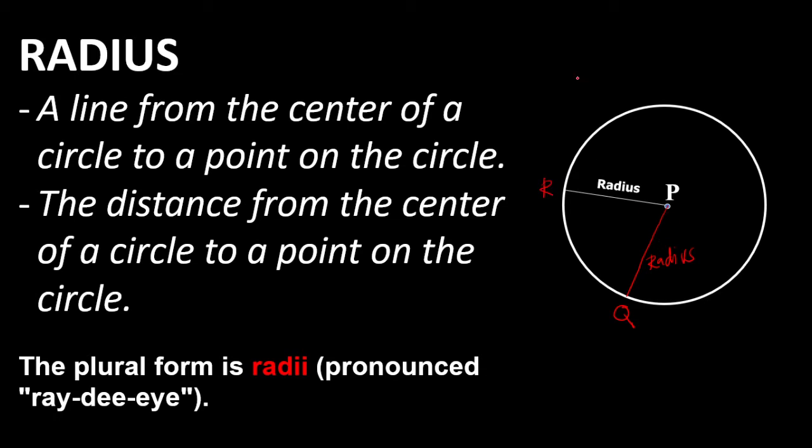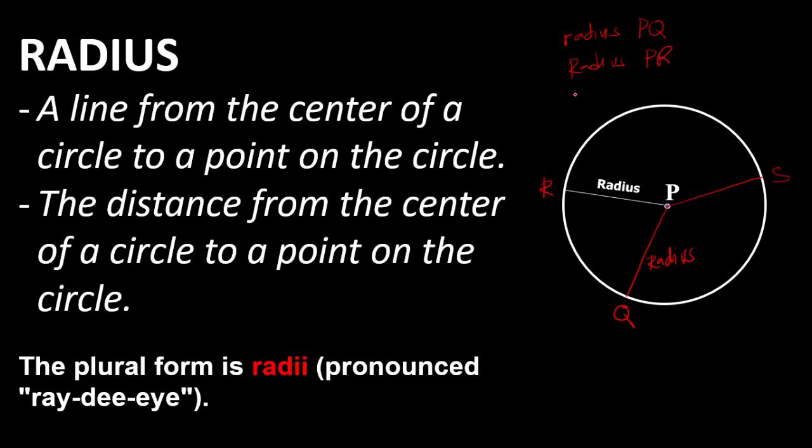Say this is radius PQ, and we also have radius PR. Say another definition of a radius. This is the distance from the center of a circle to any point on the circle. Just make sure that a radius will start from the center of the circle to any point on the circle.